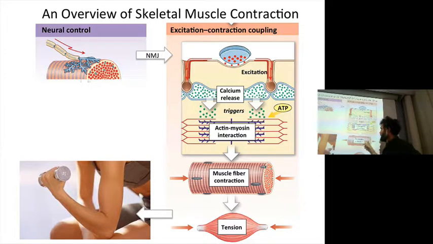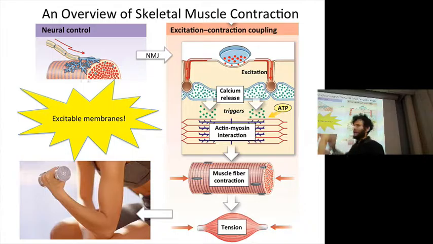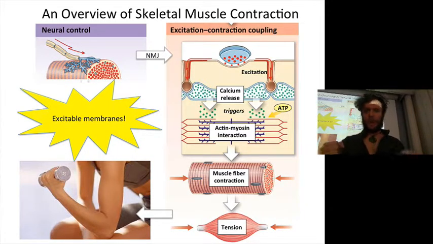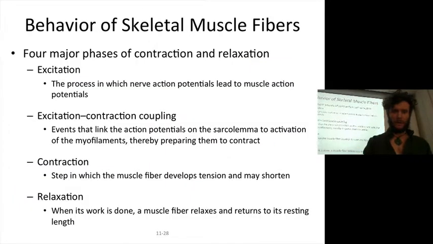This contraction then leads to the shortening of a muscle fiber, which creates tension in a muscle and the effect that you're looking for. Excitable membranes is the theme of this whole mechanism here.